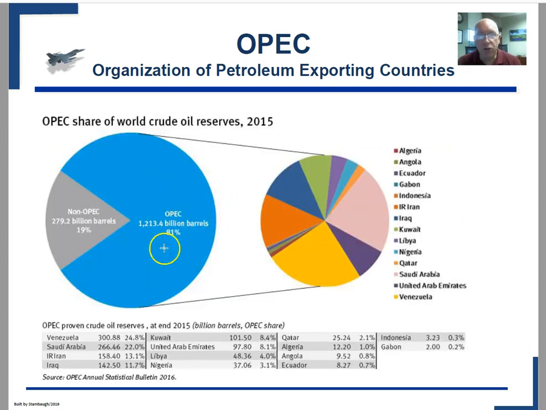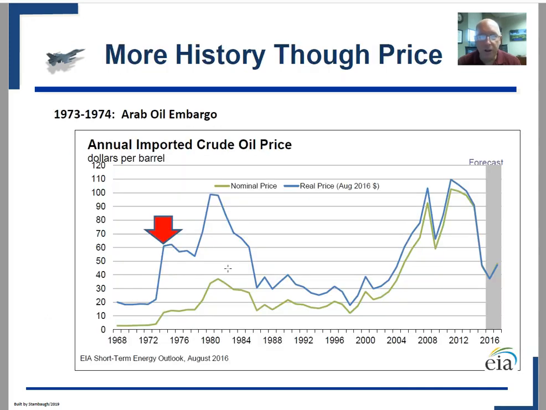Remember that OPEC controls the majority of the world's proven reserves. However, they don't necessarily have the largest producing countries, especially because remember, Russia is not technically a member of OPEC, even though they cooperate with OPEC in an attempt to get more pricing power.